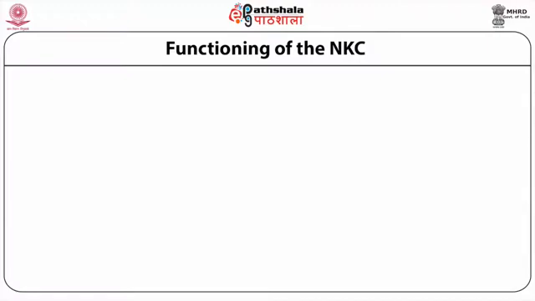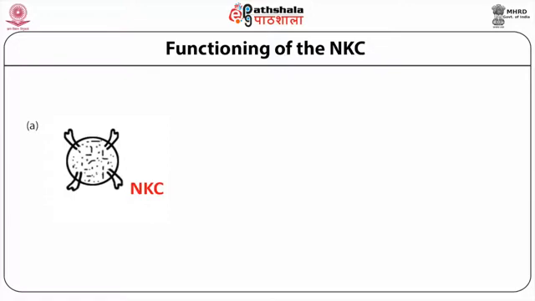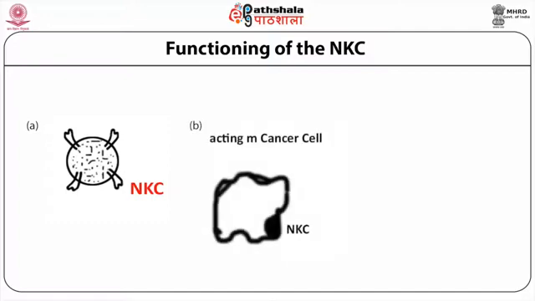Let us look at the functioning of the NKC as a cell which is involved in the functioning of the innate immunity. As you can see in this figure, in the lower left, the NKC is locating, binding and attacking a large cancer cell.